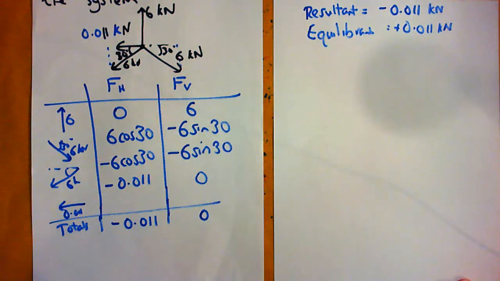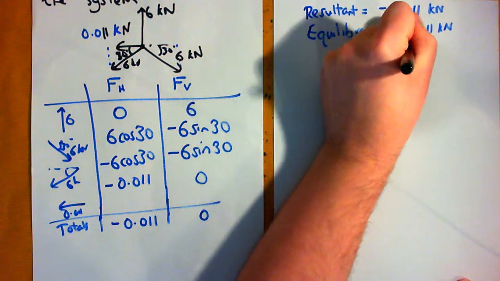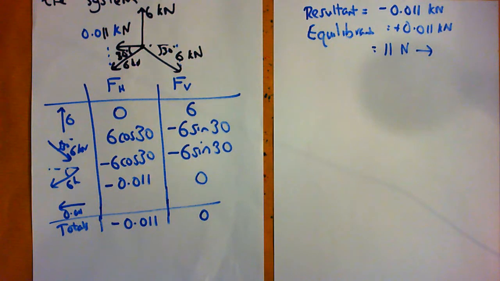In other words, the equilibrant here would be an 11 Newton force pointing to the right. Now what's interesting about this question is that the resultant turned out to be just a 0.011 kilonewton force. In other words, the three 6 kilonewton forces exactly cancelled each other out. So let's have a look at a vector diagram of why that is.